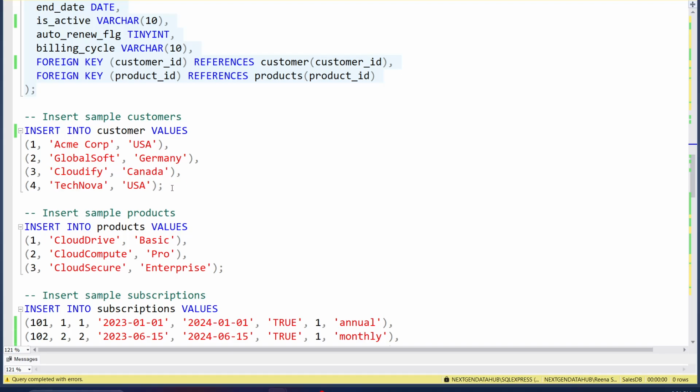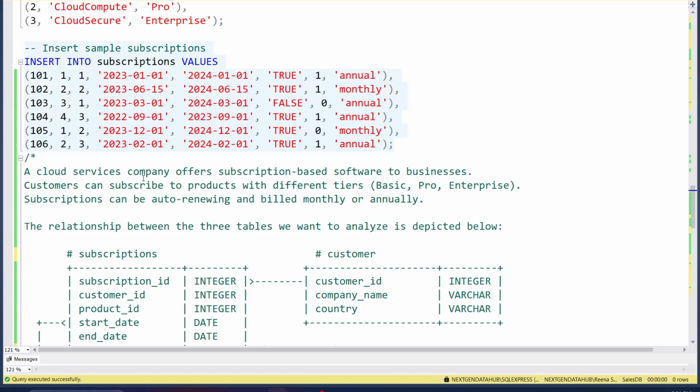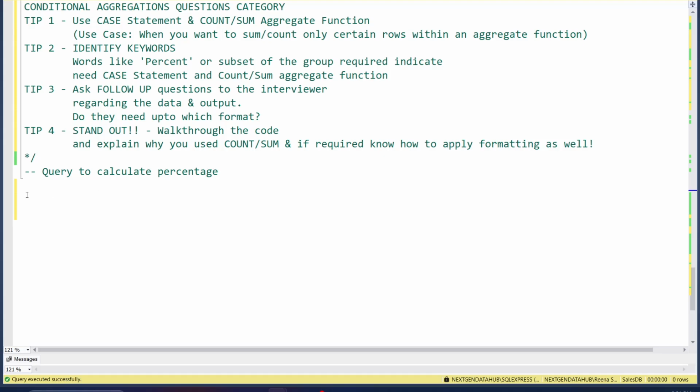And now let's insert some sample data in it. Now let's insert some subscriptions data. So now we have inserted data into the tables. Now let's look at the data.